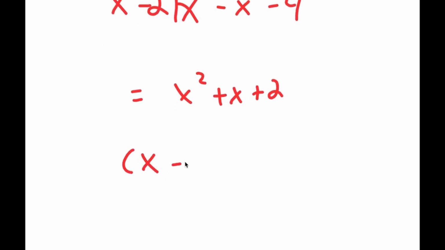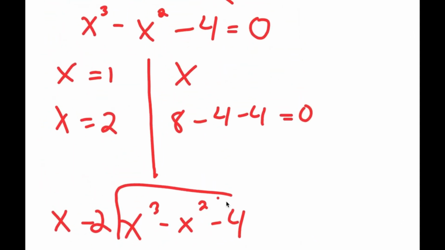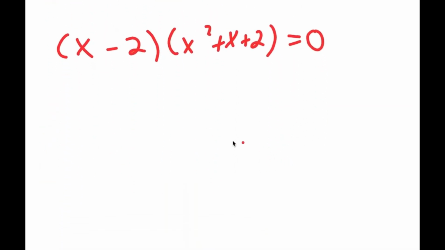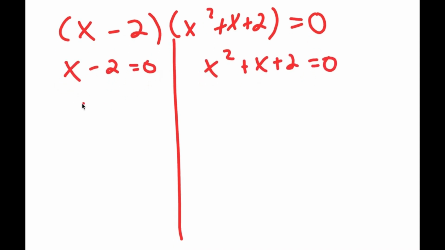So I get x minus 2 times x squared plus x plus 2 is equal to x to the power of 3 minus x squared minus 4. And remember, that's equal to 0. So now to solve this, I get two equations. I get x minus 2 is equal to 0, and I get x squared plus x plus 2 is equal to 0. So for x minus 2 equals 0, x is obviously equal to 2.